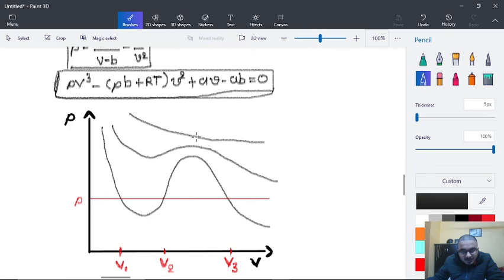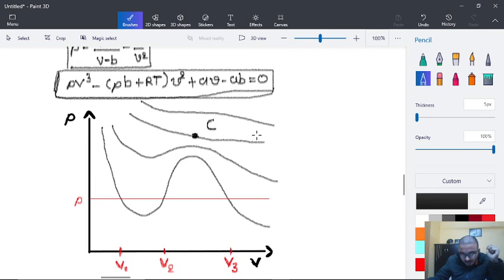And this point will be known as the critical point C. And beyond that, there will be only one real root for all values of pressure.